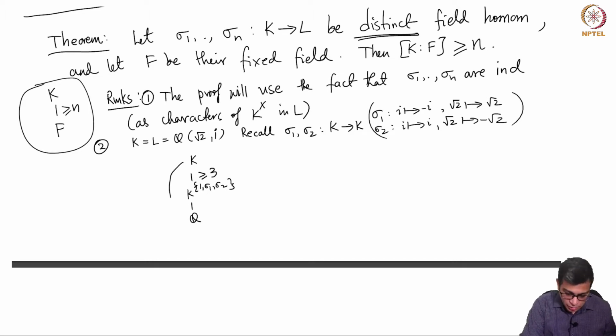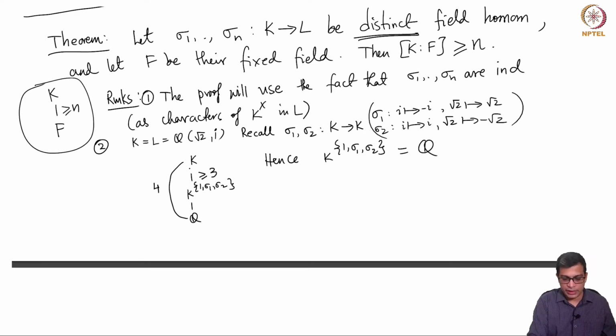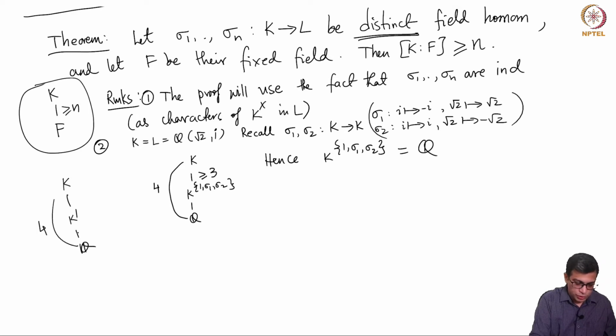Whereas the entire degree of K over Q is 4, and hence the fixed field must be Q. Because if you have K over Q and some intermediate field K prime, this number, let us say R, divides 4. So R divides 4 and this is at least 3, which means it had better be 1. That is the explanation.